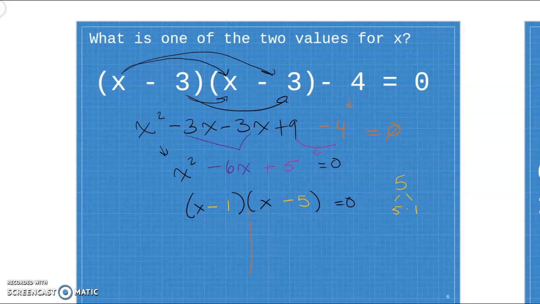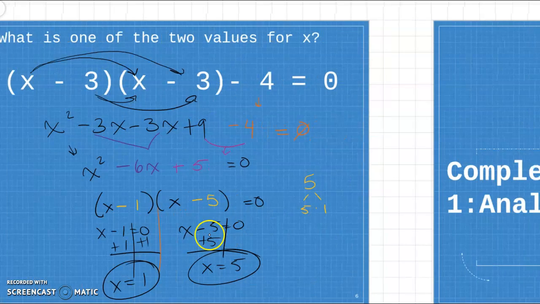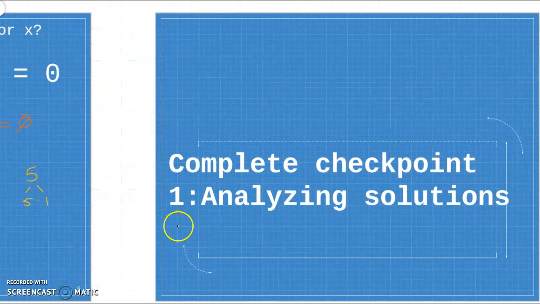So now, just like last week when we were dealing with the zero product property, I can set these both equal to 0. And what I get here is x = 5 and x = 1. So those are my two answers. Woo! So now you can do the checkpoint called analyzing solutions.